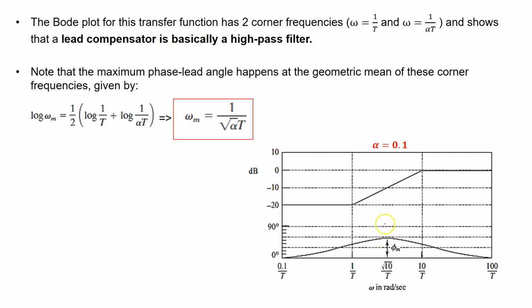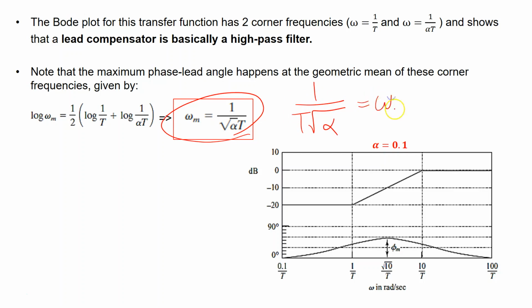Again, it's a function of alpha that you just saw, but where is it happening? At what frequency is this maximum phase happening? At this frequency: omega m equals 1 over (square root of alpha times T). By the way, here this T is outside the square root. If you don't like it, you can write it like this.